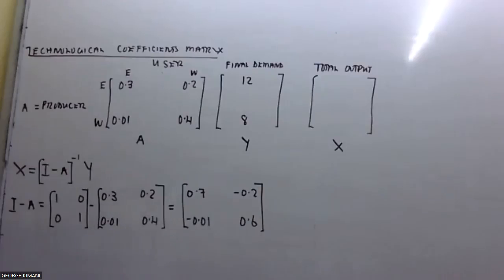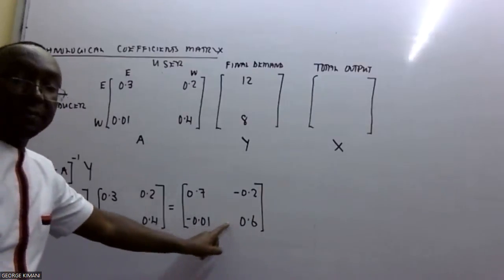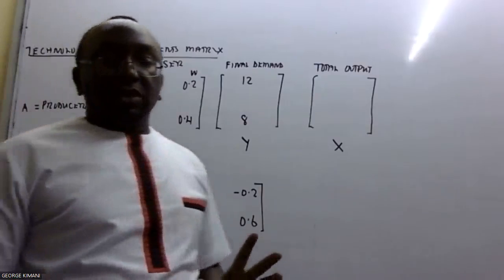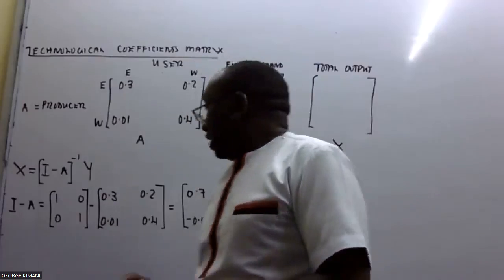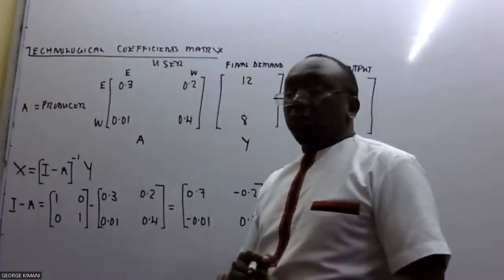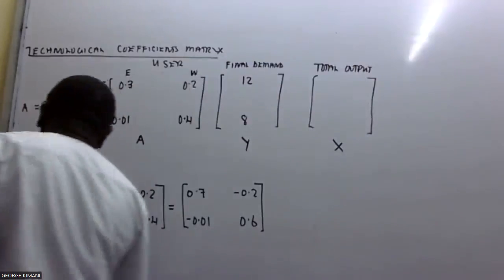So when you come now to look for the inverse of this, the procedures used depend on the order of the matrix. If this is a 2 by 2, there are two things we do. We get the determinant.